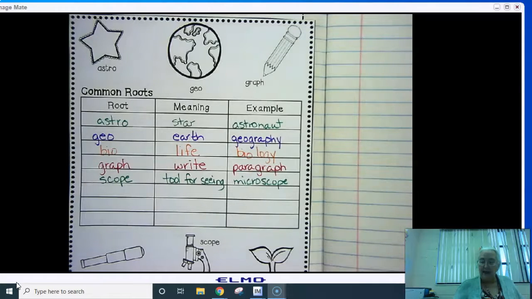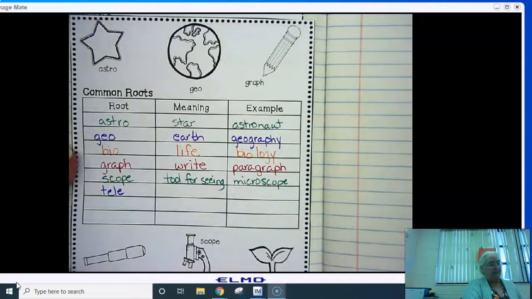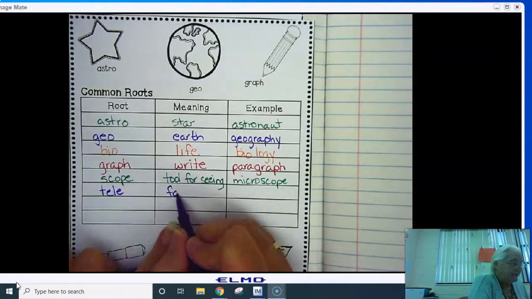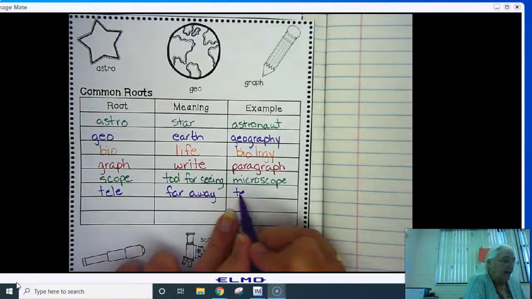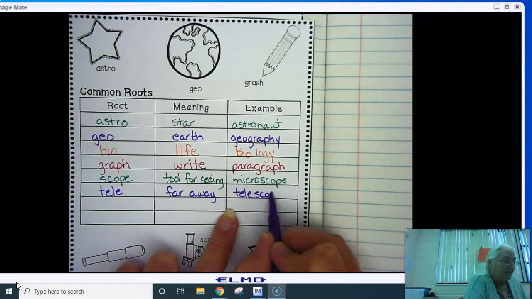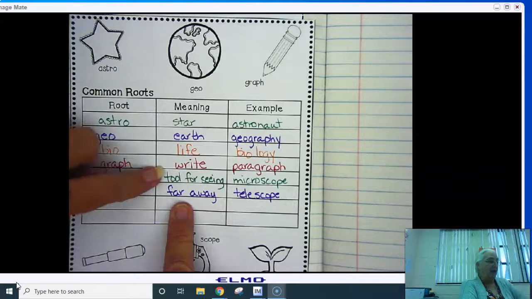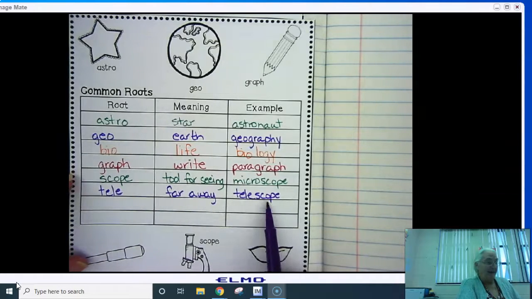We're going to end up using that again, I think, that scope, in just a second. Let's do T-E-L-E, tele, and it means far away. An example would be telescope. So we're going to put these two together. Far away, tool for seeing. A telescope, a tool for far away seeing.